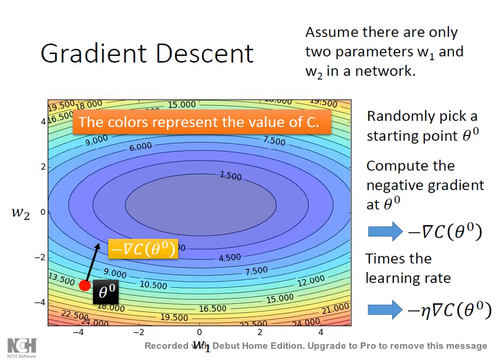The gradient is actually the first derivative at this point. Then use this function to update, and you will get theta 1. Theta 1 is your next parameter configuration. Then you use this to do the training again, and you will obtain the next one.